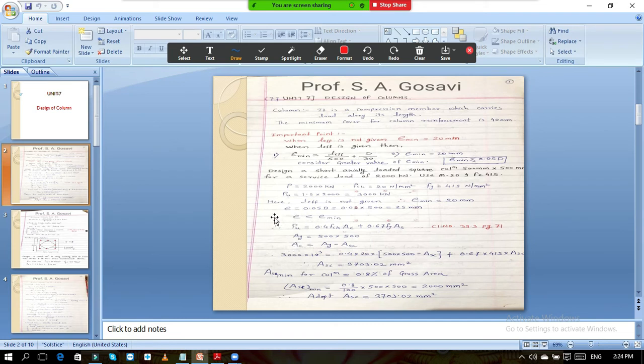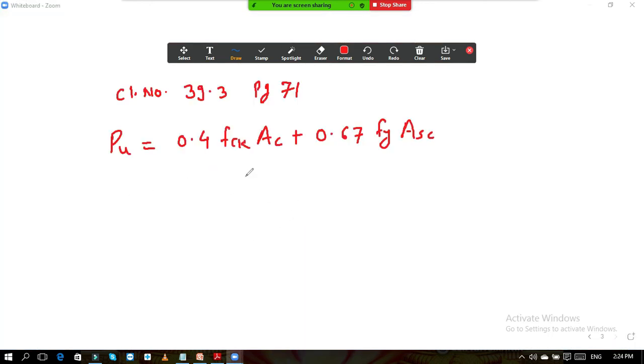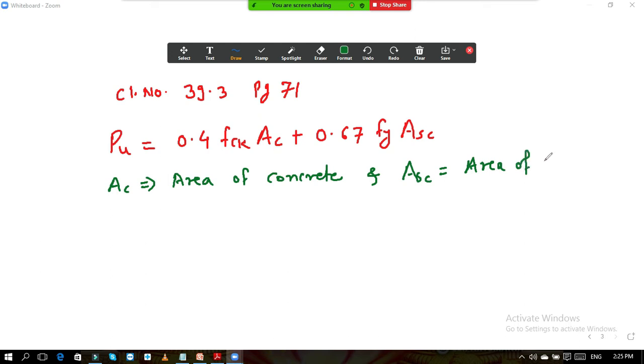So these things are given in the problem. We know the gross area of the column, and we can easily calculate it. So gross area is 500 by 500. Now I will tell you what AC is. AC is the area of concrete, and ASC is the area of steel.